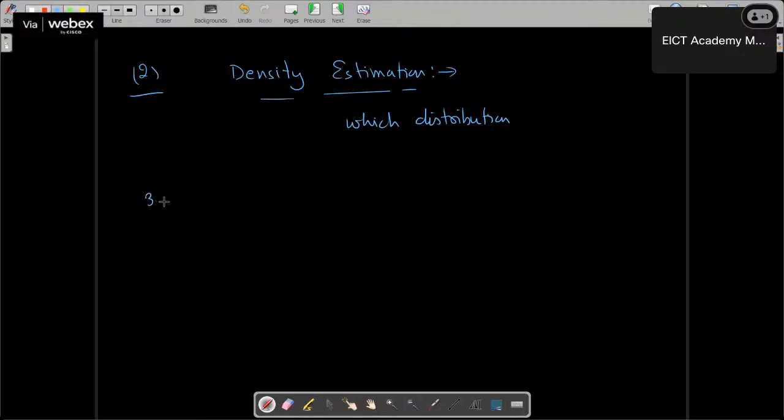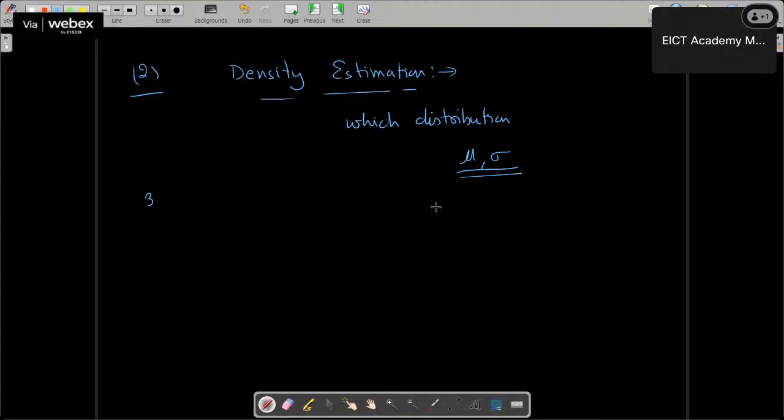Now, if we have the density estimation, meaning we know which distribution the data points follow, let's say the normal distribution, which has two parameters, mu and sigma, then if we know mu and sigma we can generate more data points.